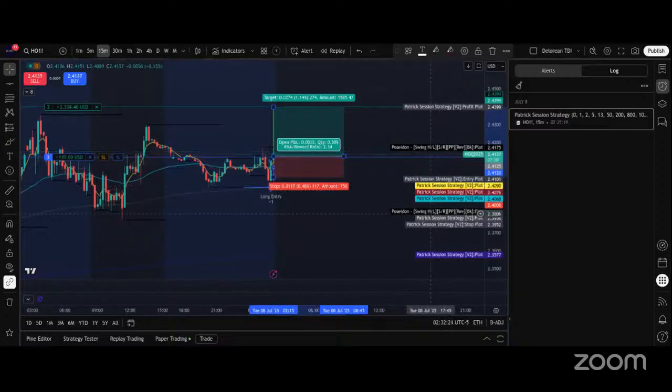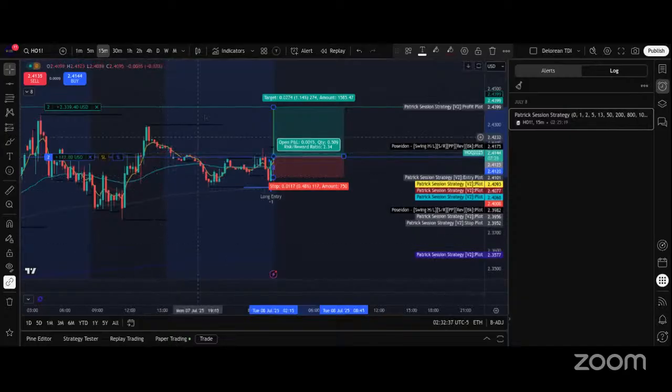You're in an uptrend, and you have price at the time the trade was called above all of the EMAs. That means that all the EMAs are support for the trade buying up. Conversely, if you're on the sell, you really want price, ideally when the trade is called, to be below all of the EMAs, because now all of the EMAs above it are resistance to price going up.